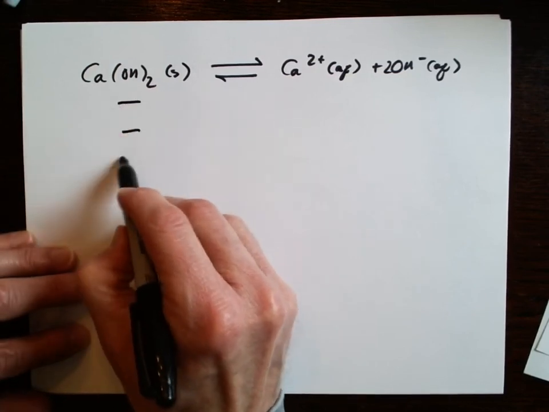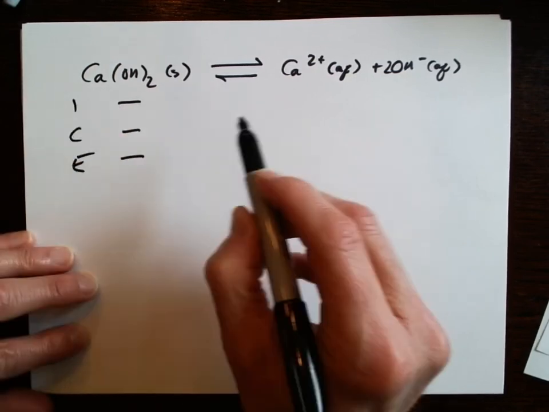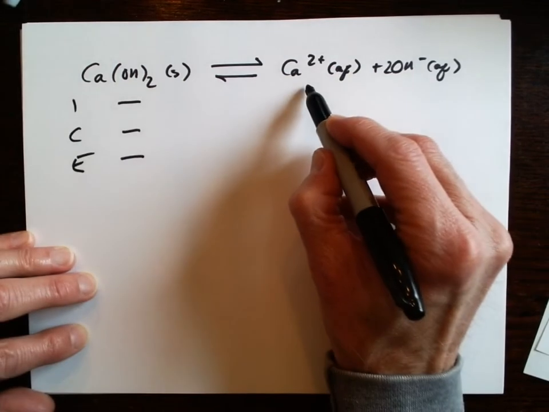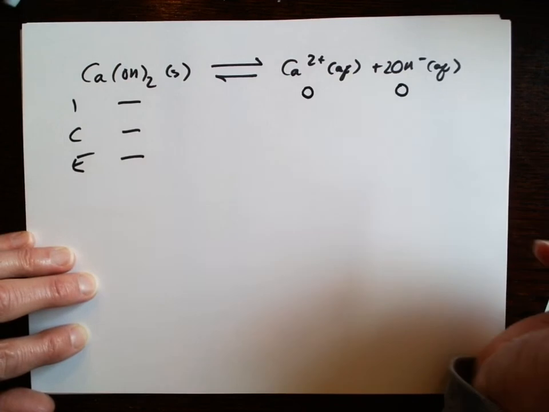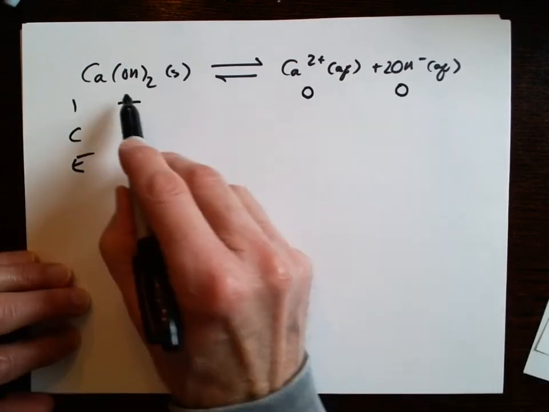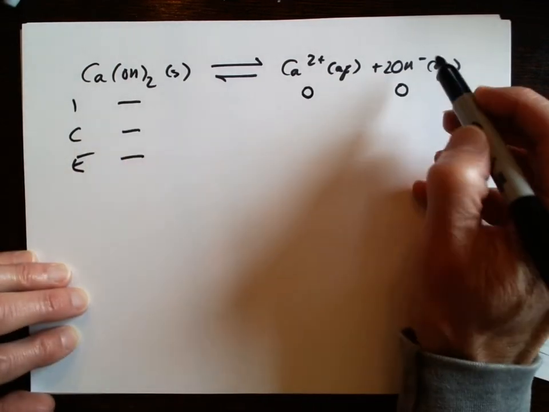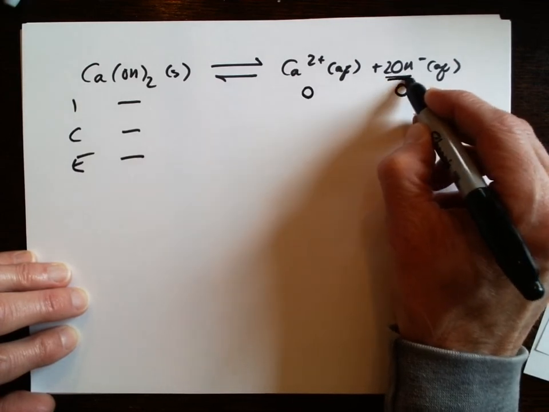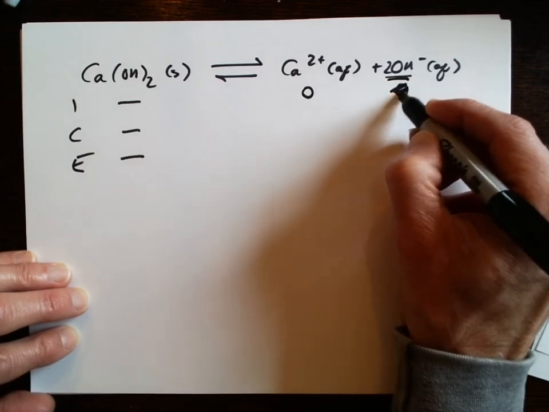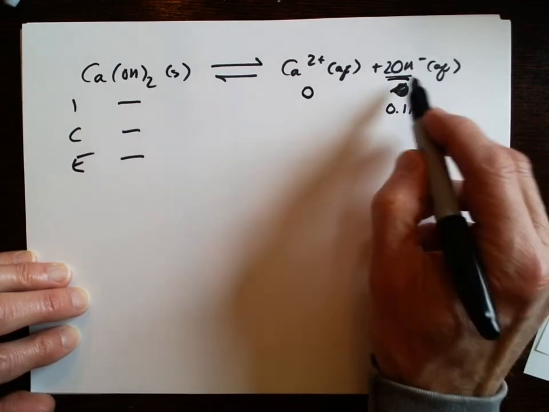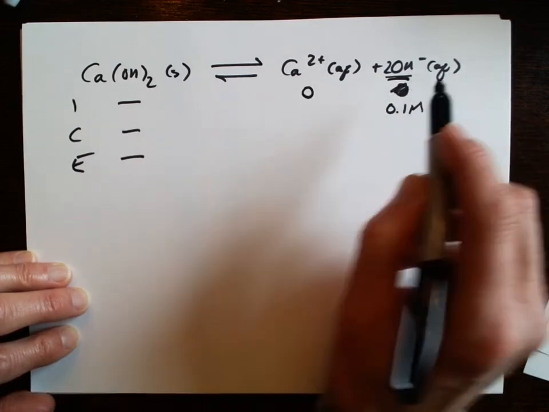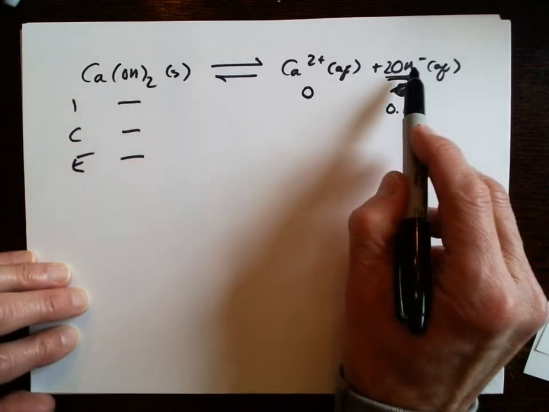We're not going to worry about this. What we see is in pure water, we're not going to have any calcium present initially and any hydroxide present initially. And so quite a bit will dissolve, but if we're in a base, we're going to have quite a bit of hydroxide present. If there's quite a bit of hydroxide present, we'll say 0.1 molar, we're going to see the same kind of thing happen as last time, where not as much is going to be dissolved.